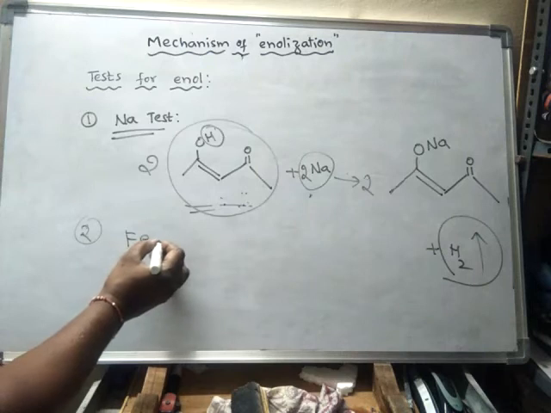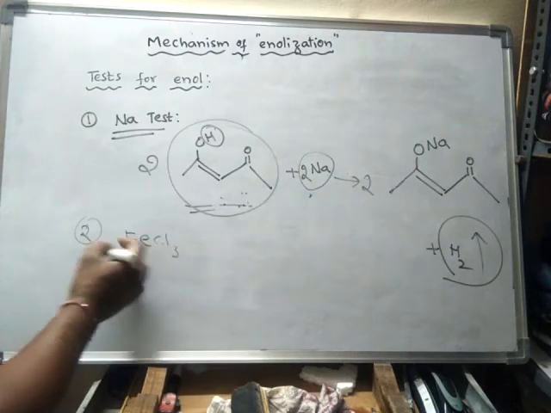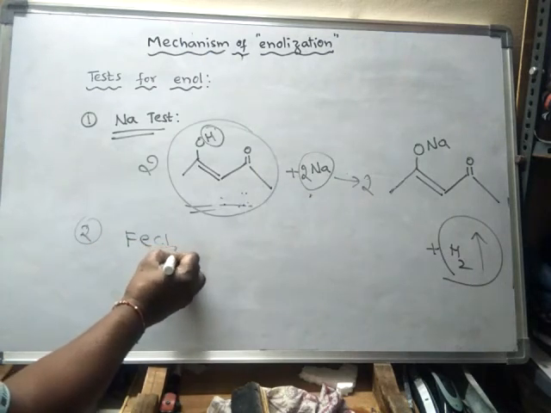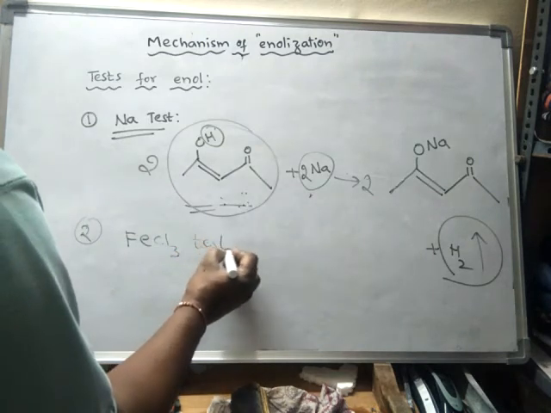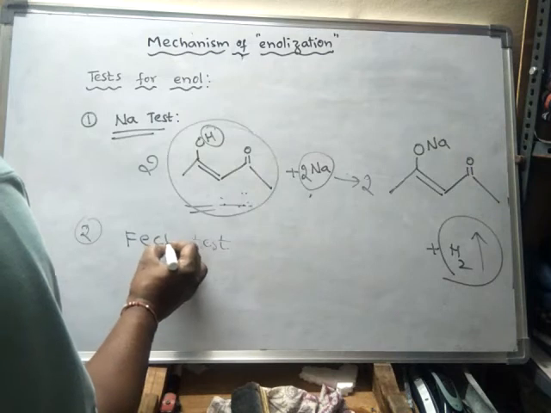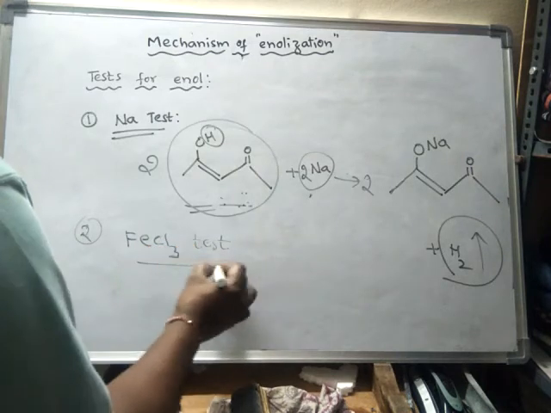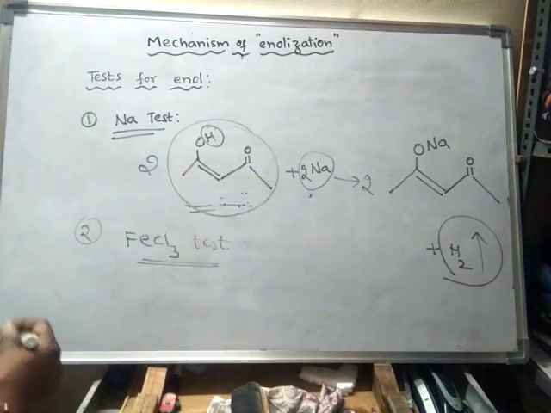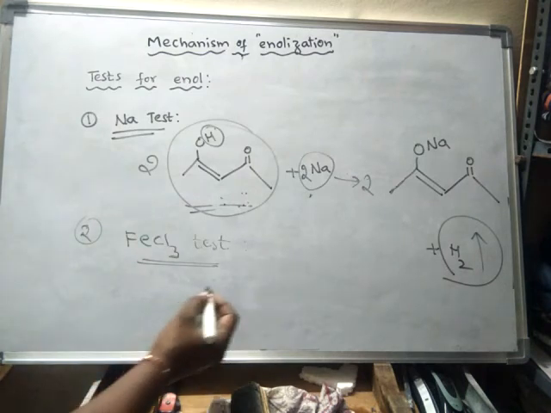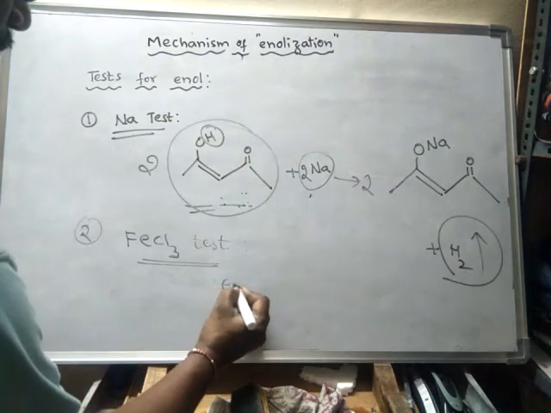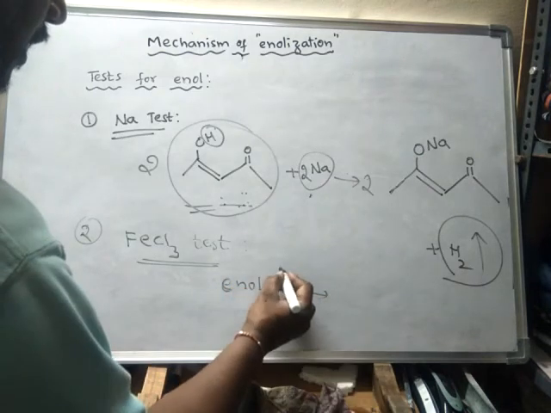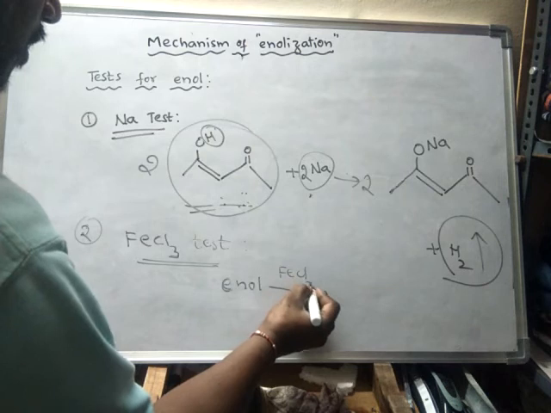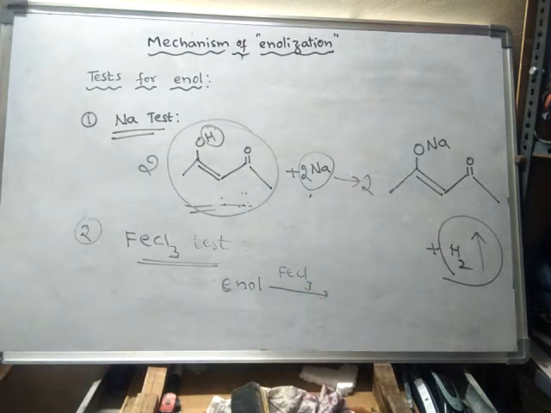Another test for enol is the FeCl3 test, the ferric chloride test. Neutral FeCl3 is used. If FeCl3 is added to enols, what happens?